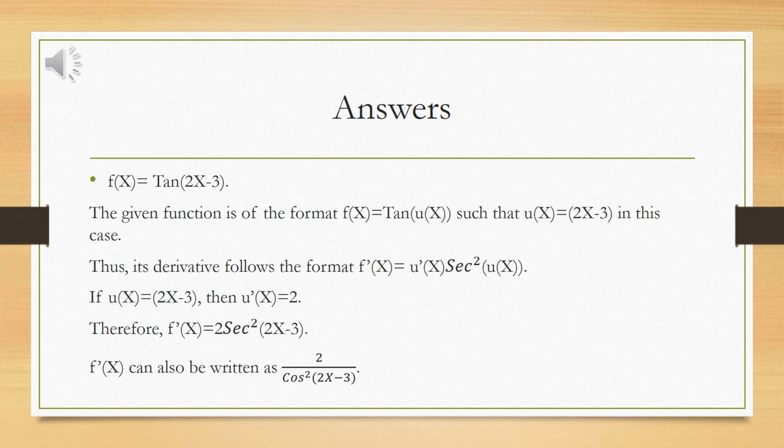Thus, its derivative follows the format f'(x) = u'(x) sec^2 u(x). If u(x) is 2x - 3, then u'(x) is 2. Therefore, f'(x) = 2 sec^2(2x - 3). f'(x) can also be written as 2 over cos^2(2x - 3).